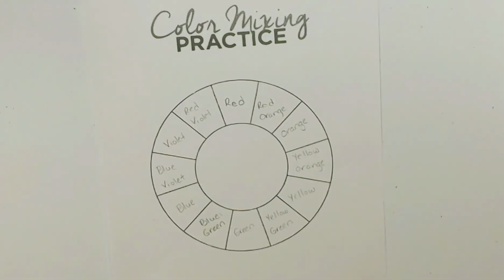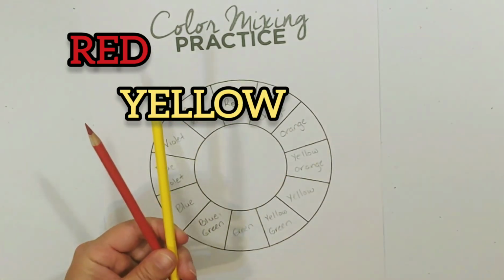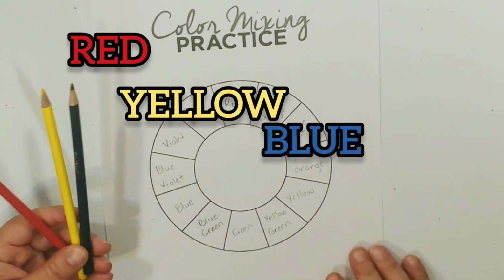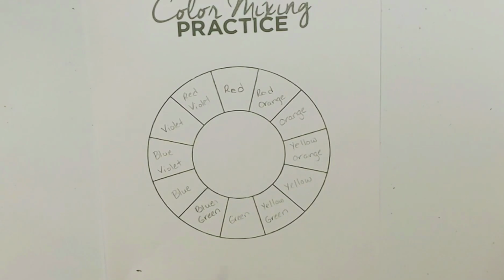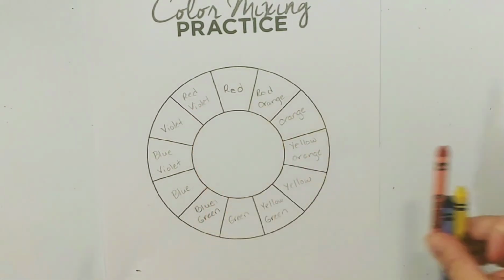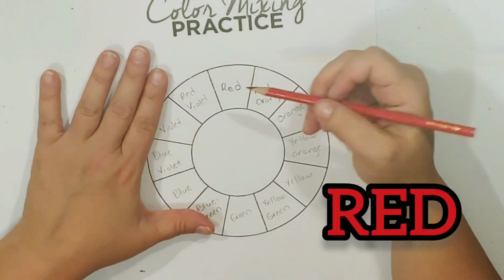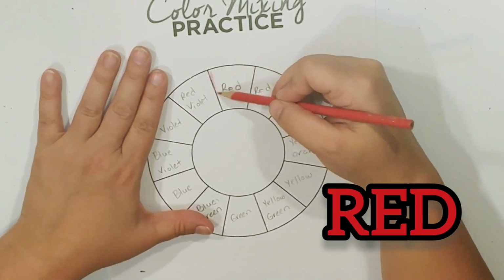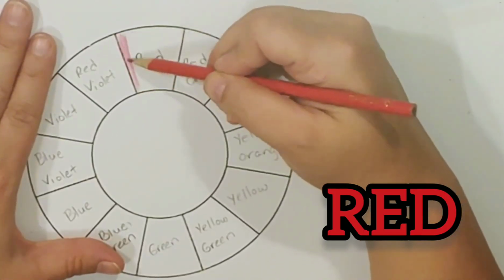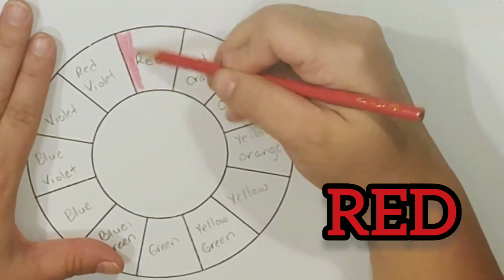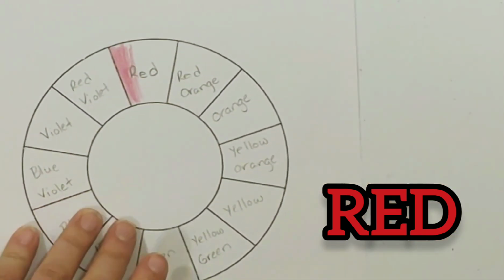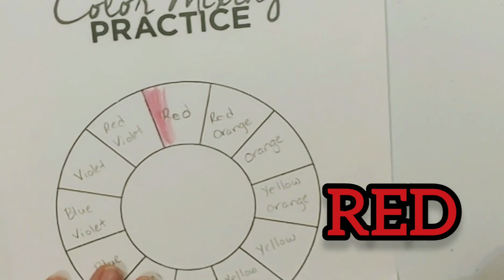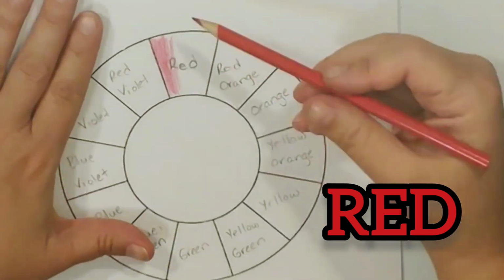Let's start with some red, yellow, and blue. You can use color pencils or you can use crayons. So let's start with red up at the top. Remember to color in one direction and keep a very light pressure on your pencils and crayons.